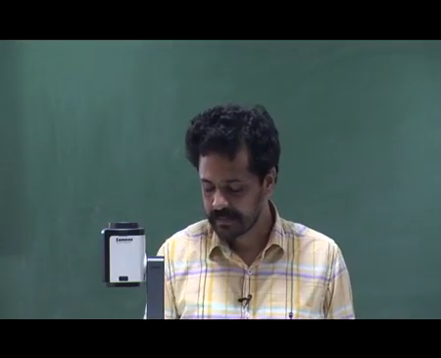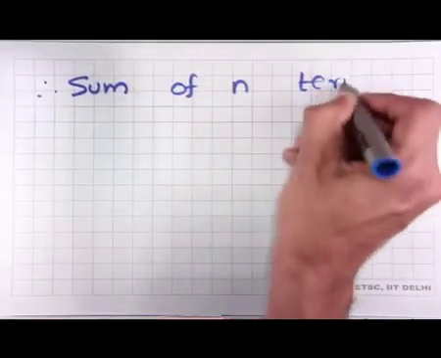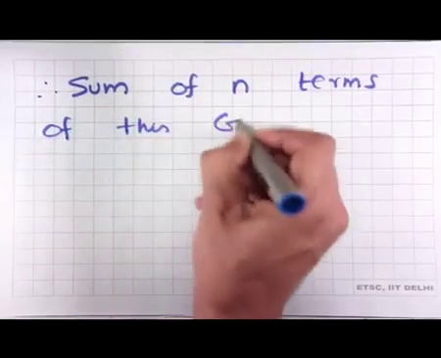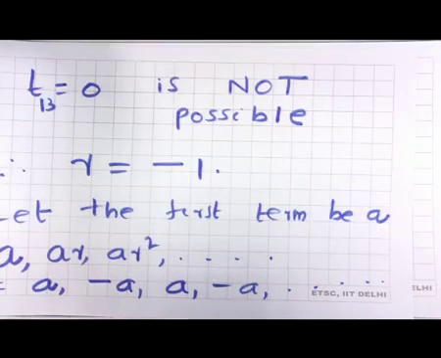Therefore, the sum of n terms of this GP would be the same as adding A and minus A several times.